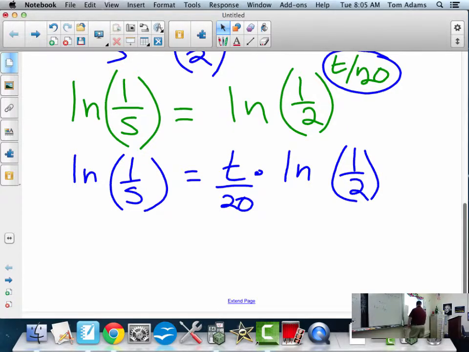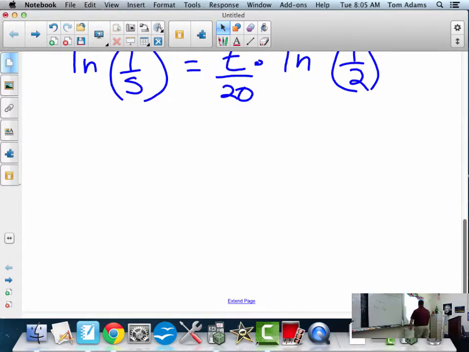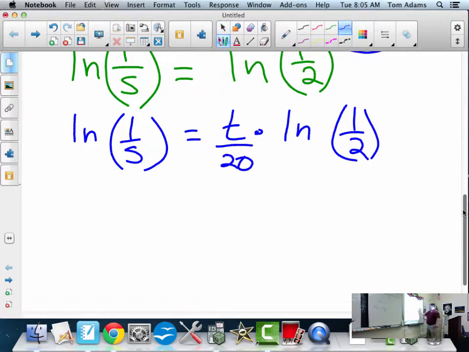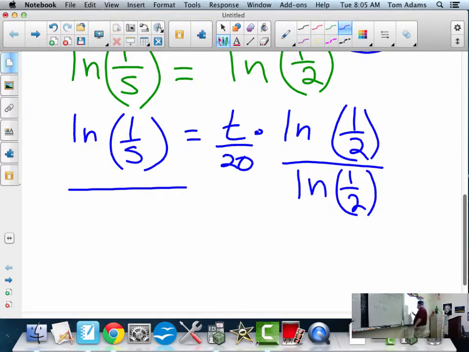Now I want to start getting t by itself, so I can move this natural log over. I'm going to divide both sides by the natural log of 1/2. Okay?